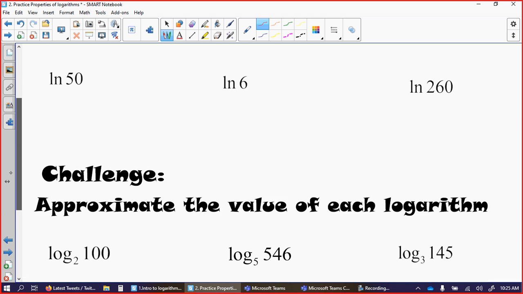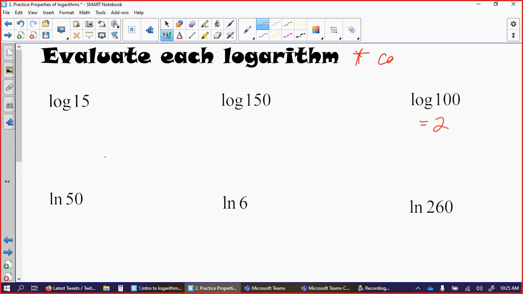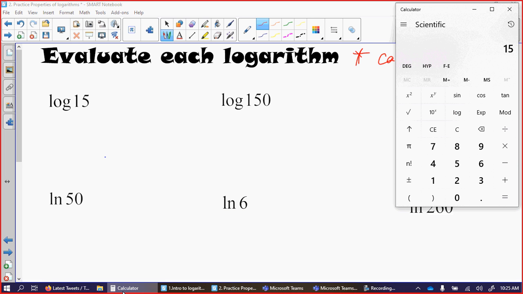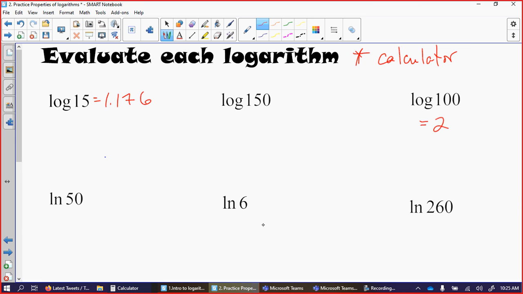And that is a challenge. Calculator. I don't know what the log base 2 of 100 is. I would probably do them like trig, to 3 decimal places.